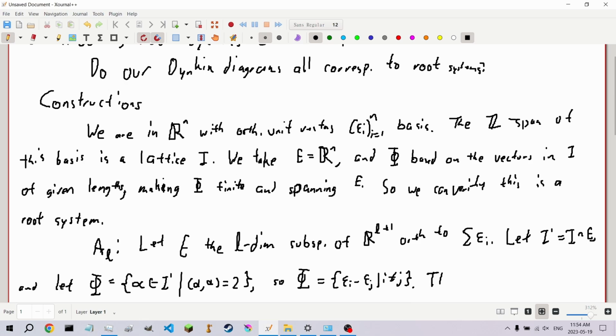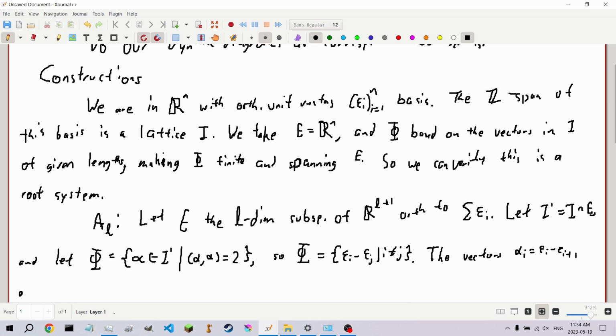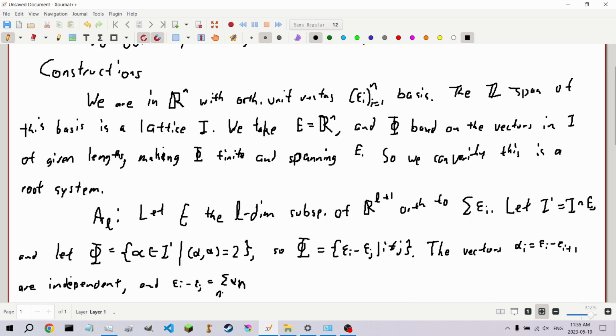And this is a construction we've seen before. The vectors alpha i being equal to e_i minus e_(i+1) are independent. And we can write each e_i minus e_j as the sum of alpha n from i to j minus 1, as we've seen before.